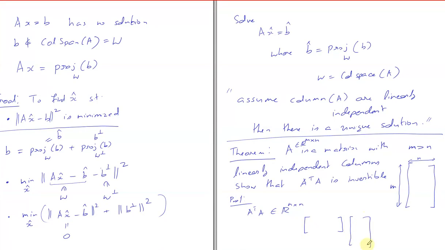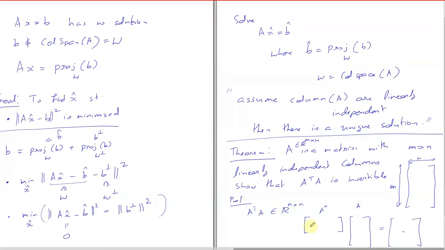So this is A transpose, this is A, and the ijth entry here is obtained by taking the dot product of the ith row here with the jth column here. I agree with that much. So if I take the ith row here and the jth column here and take the dot product, I will get this ijth entry. Okay, so what?